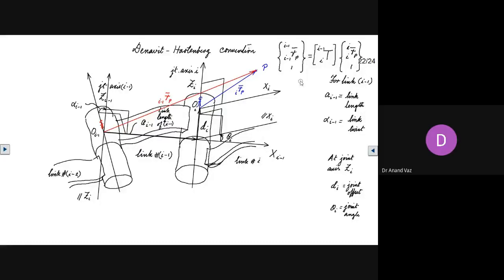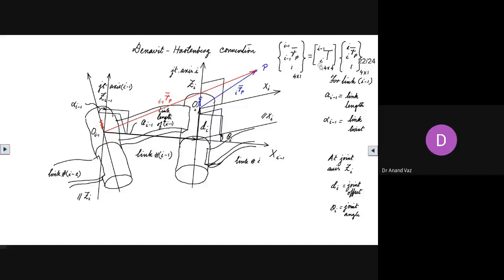This is a 4 by 1. This is a 4 by 1. And this is 4 by 4. We know the structure of this matrix. Now our job is to determine this matrix.